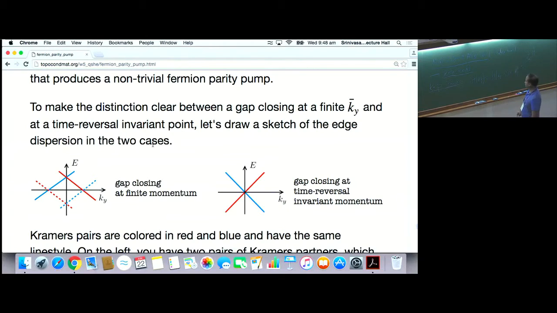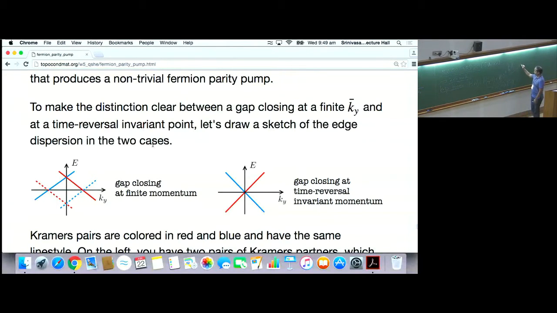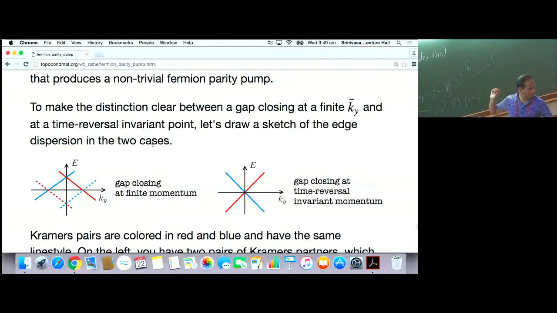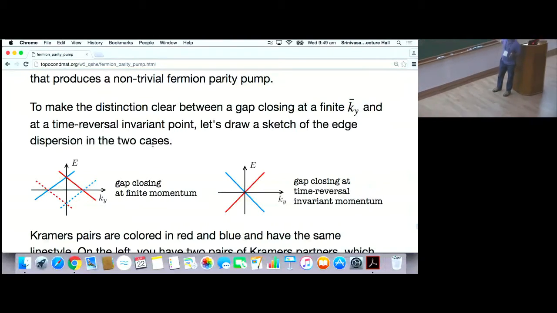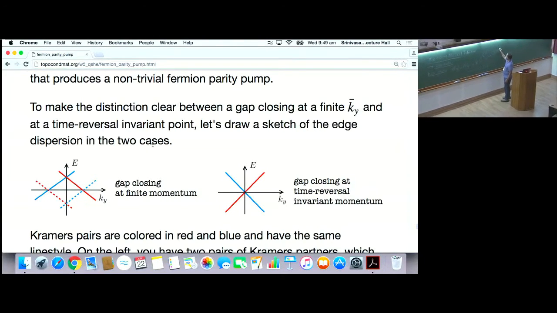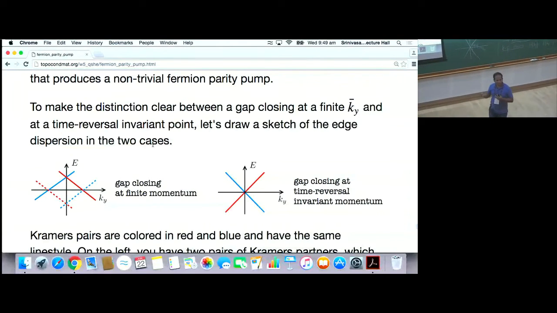Then if I have two eigenstates, let me call them left and right, which are degenerate at E equals 0, then I can take matrix elements. Am I going too far to the right, or is it okay? All right. Then I can diagonalize the velocity operator, and I get these two linearly dispersing modes. That's how I get the spectrum if m of x changes sign.